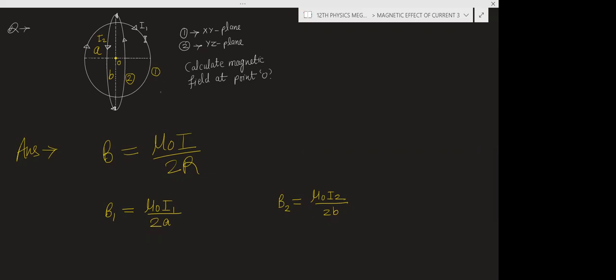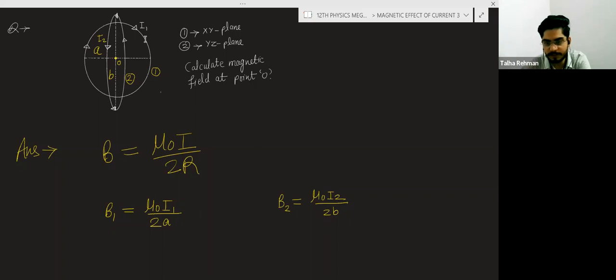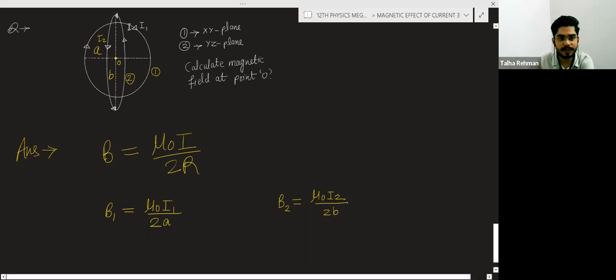Just apply the modified right hand thumb rule. Curl your finger along the sense of current. This is the sense of current. Curl your finger along it, and your thumb will go away from you.